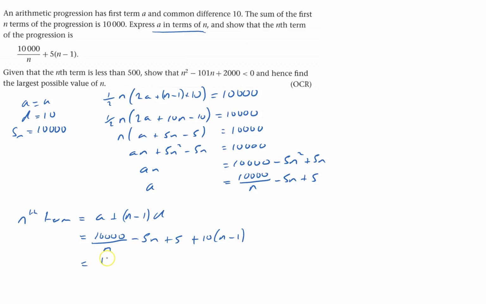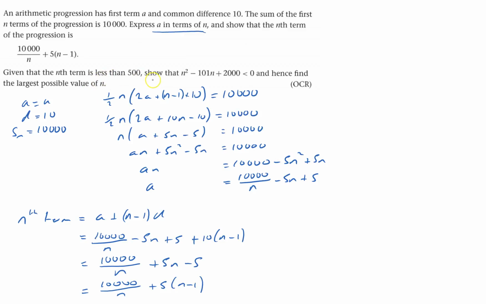That equals 10,000 over n, then minus 5n plus 10n, that's plus 5n, and plus 5 minus 10 is minus 5. I need to put it exactly how they want it: 10,000 over n plus 5 lots of (n minus 1), and that is the nth term.